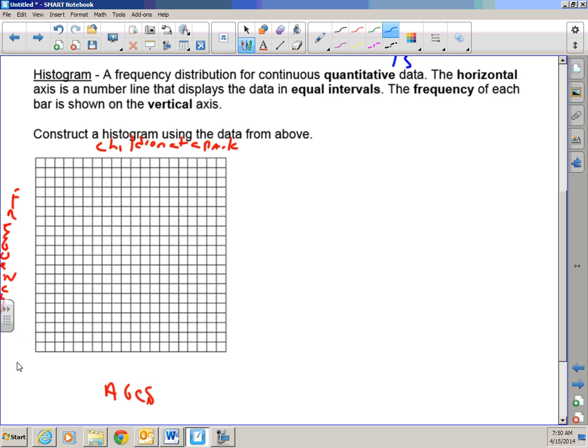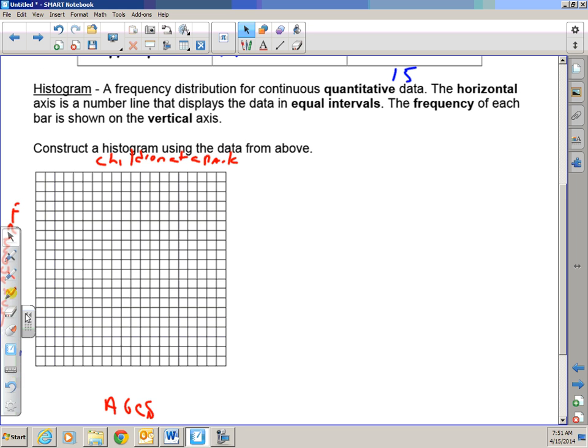Let me see if I can get this to move over a little. No, I can't. All right. Well, you'll get the idea that I will be numbering this. They'll be counting by 1 to 5.